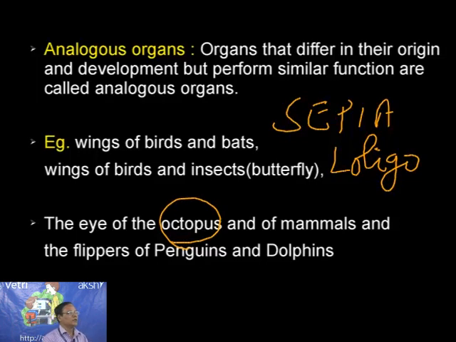Though they are doing the common function, they are origin-wise different. So organs which have different origin, different development, but perform the same functions are called analogous organs.